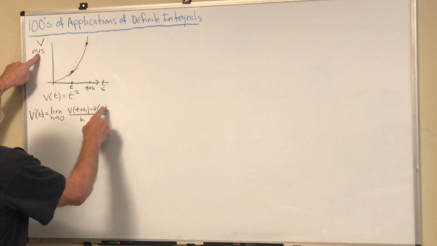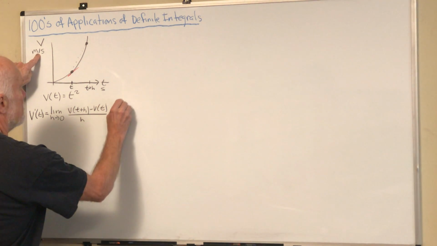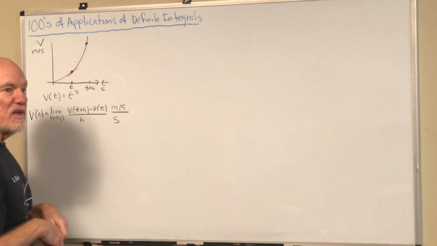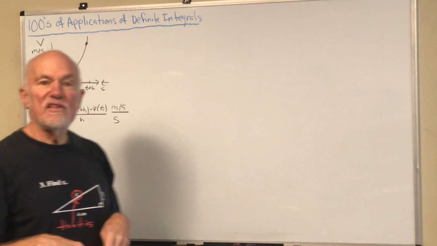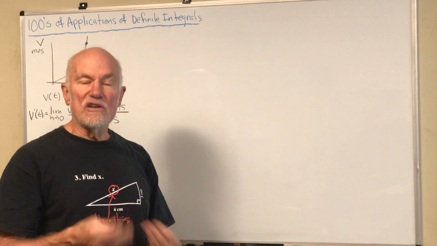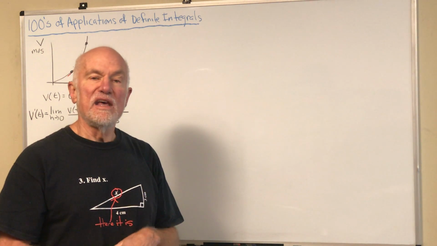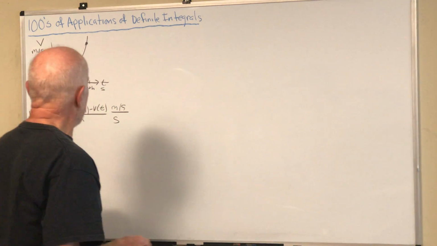What you're going to get is meters per second per second. So what it's telling you is how fast that velocity is increasing or decreasing, depending on whether it's positive or negative, and how much that is.